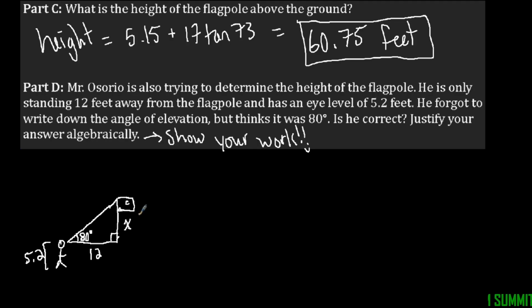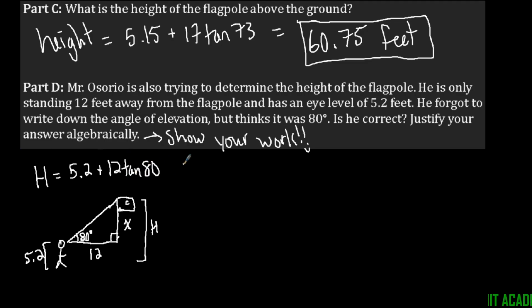So now, same kind of setup. We're looking for this entire height. Let's call that h. So we're going to say h is going to be, same kind of setup, 5.2 plus, let's say, 12 tangent of 80.